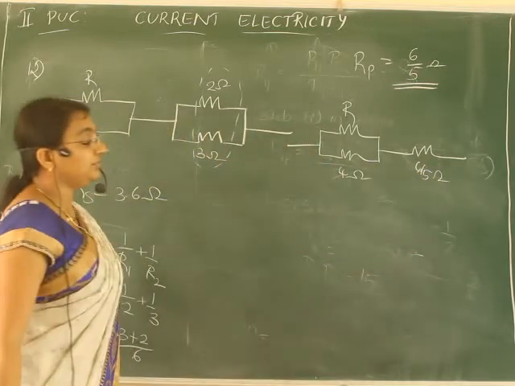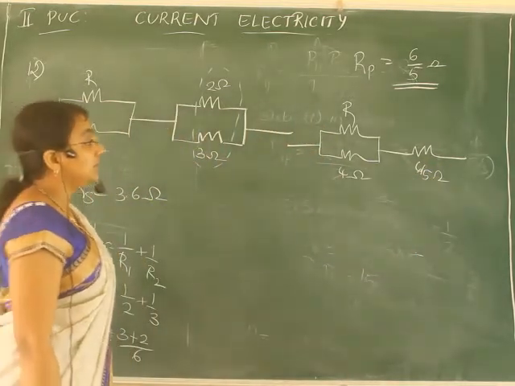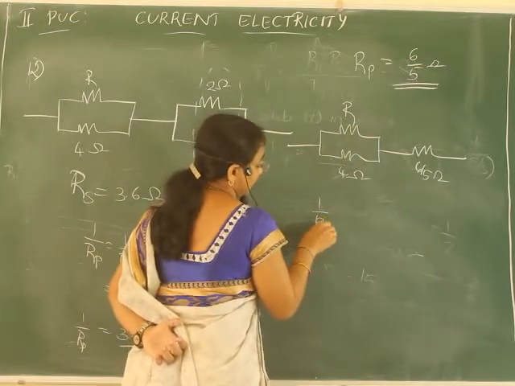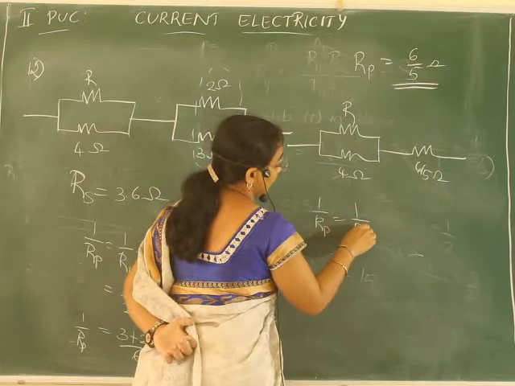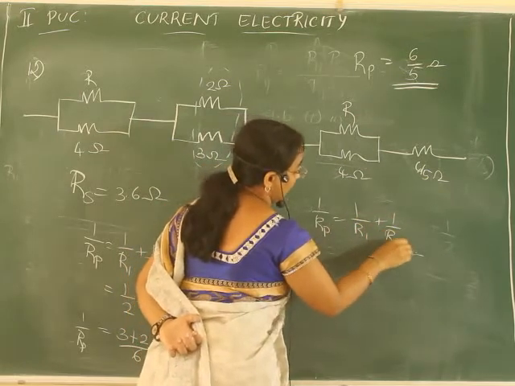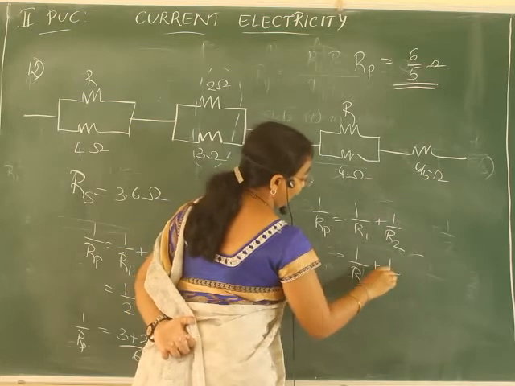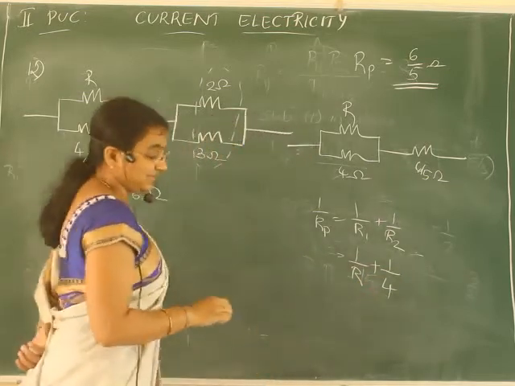Then what do you have to do? Next step. They said these two are in parallel, correct? 1 by R plus 1 by 4. Fine, we'll keep it.